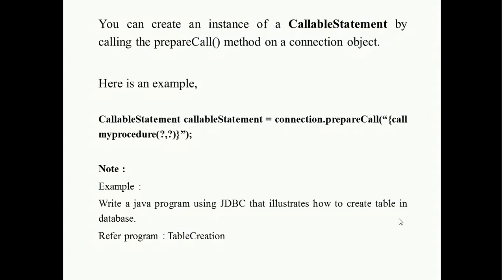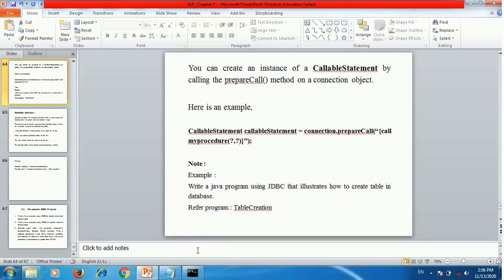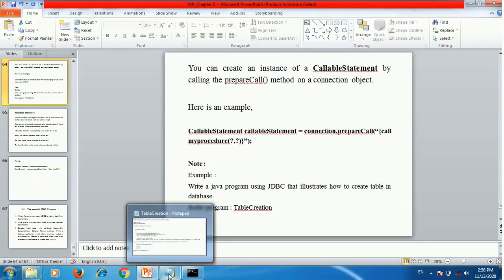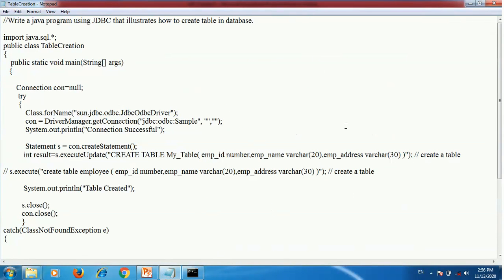Now see one example. Write a program using JDBC that illustrates how to create a table in the database. See the table creation program. First import the package, import java.sql.*, public class TableCreation.